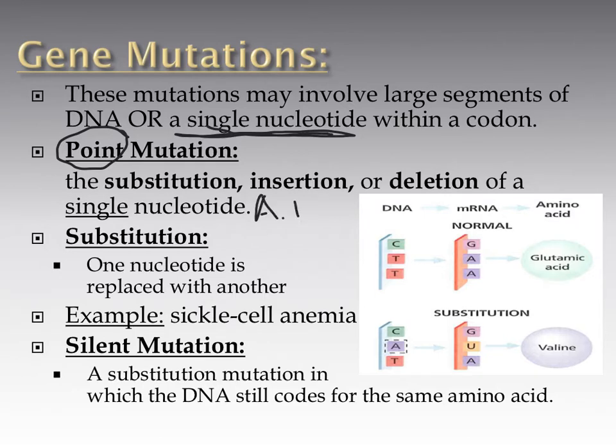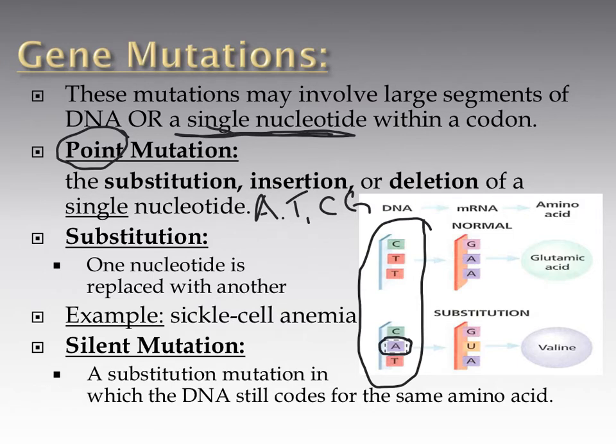either A, T, C, or G, and it could be a substitution. Let's take a look at this mutation over here. If the DNA is supposed to read CTT, but then there's a point mutation, and now you have an A where that first T was supposed to be, that's going to change the amino acid, because now you have a change in the DNA.